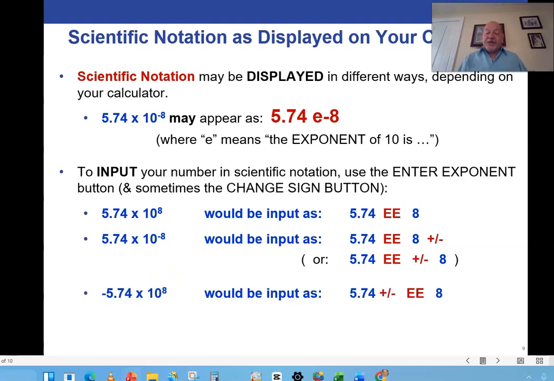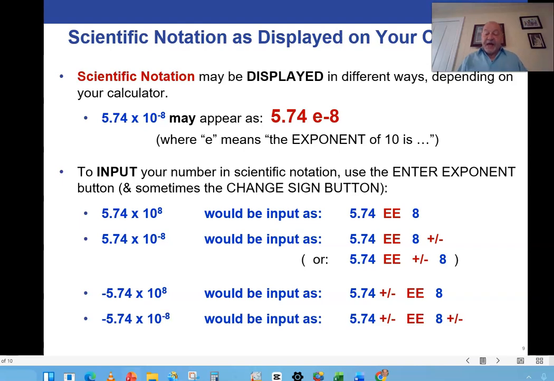Now let's do negative 5.74 times 10 to the positive 8. That would be input as 5.74, change sign, so you're changing the sign of the whole number, and then enter exponent, and then 8.